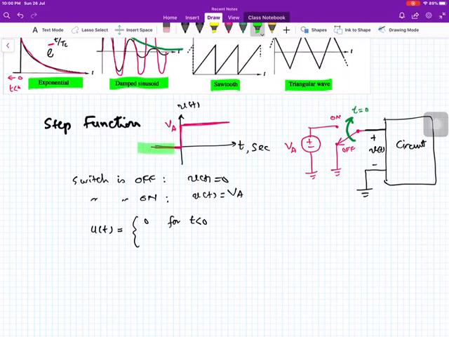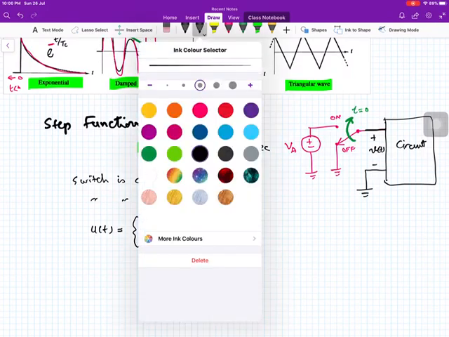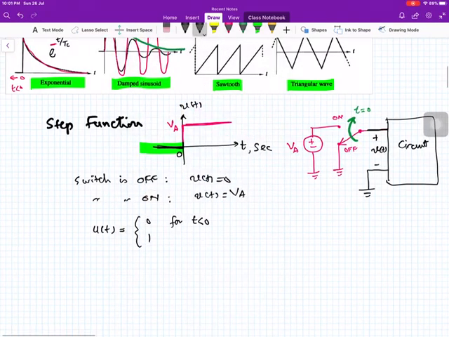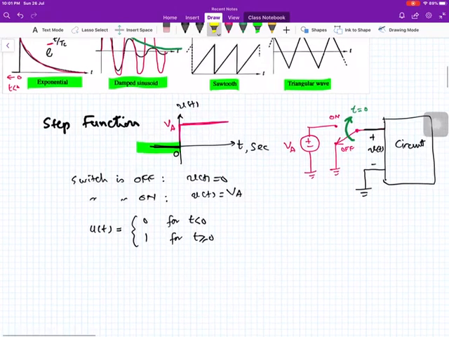Look here, for t less than 0 we have a reference 0, this is 0, and it is equal to 1 for t greater than or equal to 0. So this part is 1. If it is a unit step function, its amplitude is 1.